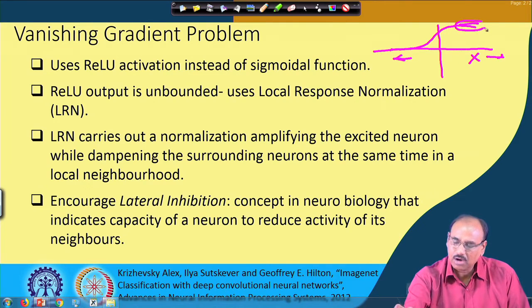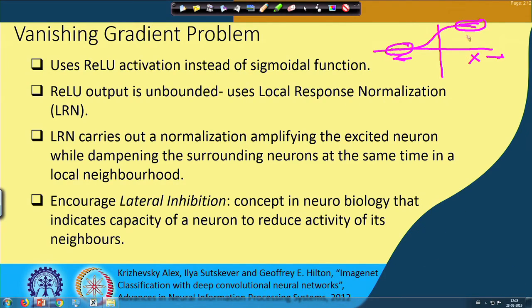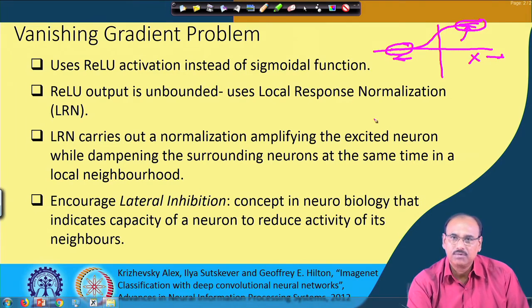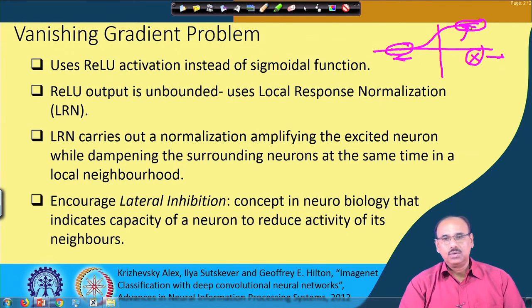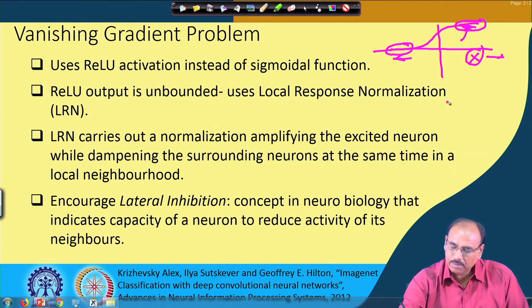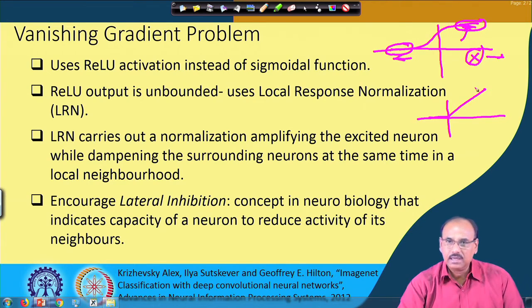So if your argument is somewhere over here and you take the gradient of the output with respect to the argument, this gradient is almost 0. The same is true if your nonlinear activation is the tan hyperbolic function. Whereas in the case of ReLU, you remember from our earlier discussions that the ReLU activation function is something like this, which is the rectified linear unit. So on this side, your gradient never vanishes.